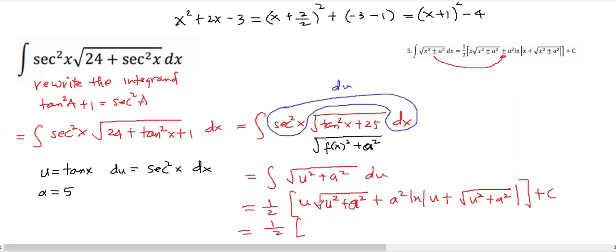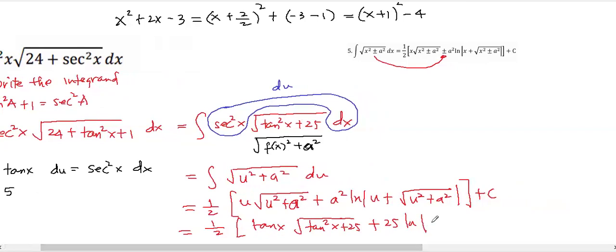So this is 1/2 tangent of x times the square root of tangent squared of x plus 25 plus 25 ln, absolute value of tangent of x plus the radical square root of tangent squared of x plus 25, absolute value, and then quantity plus C. So this answers the problem.